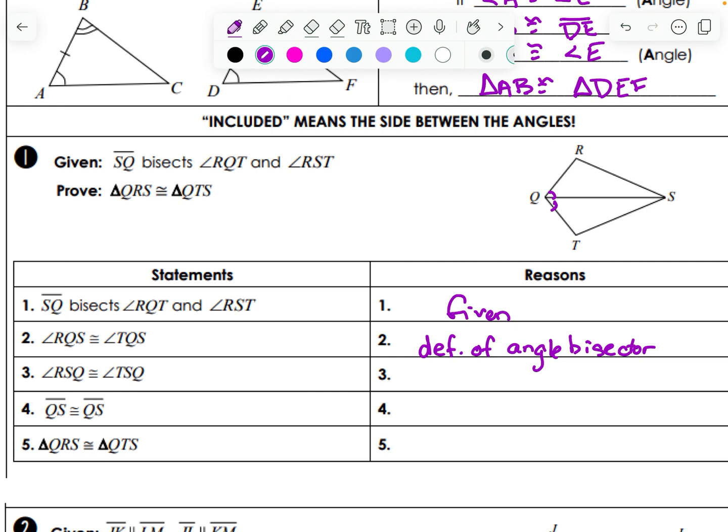RQS and TQS. And we can also say that the other angle is also bisected, so we've got these that are congruent as well. And this is also the definition of angle bisector.